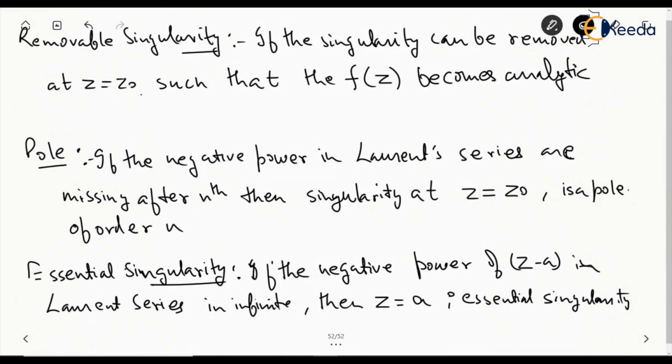Right? So these are the classifications of singularity, that is isolated, removable, pole, and essential singularity. We'll see questions on this and we'll understand more about singularity and the series expansion.